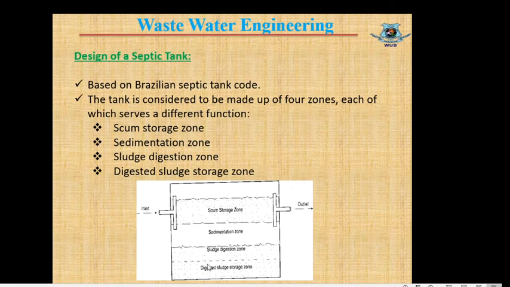That means we need to design these 4 zones, and this is the scum storage zone for lightweight particles. This is the sedimentation zone, that means to store the partially treated clear water. And this is the sludge digestion zone. This sludge will settle down from the liquid, and when this sludge is digested, that means composted, it will settle here at the bottom of the tank.